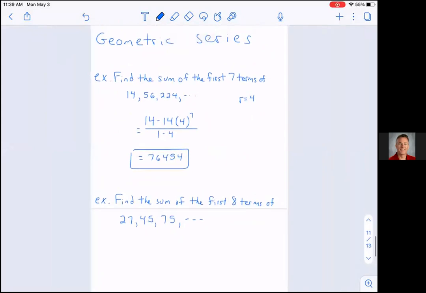Okay, very similar to the previous problem. Maybe a little bit harder in terms of what numbers we're using.